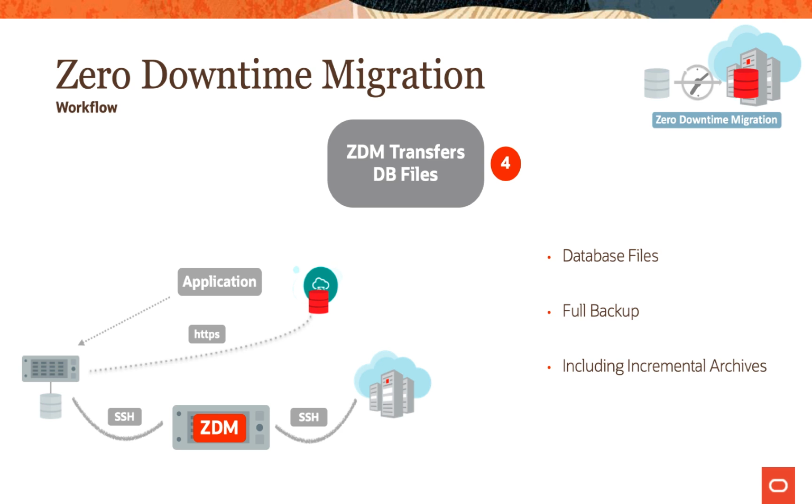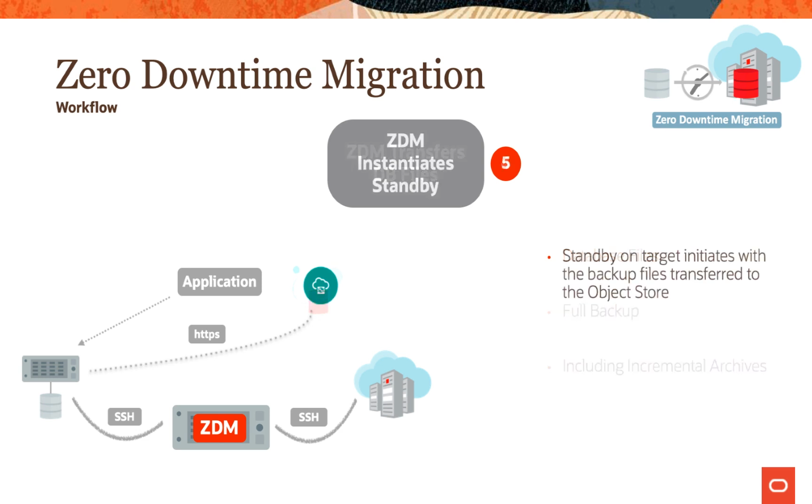Once files have reached the object storage bucket, ZDM is going to instantiate the standby database. The standby is instantiated on the target platform with the help of all the backup files and database related files which are available in the object storage bucket.